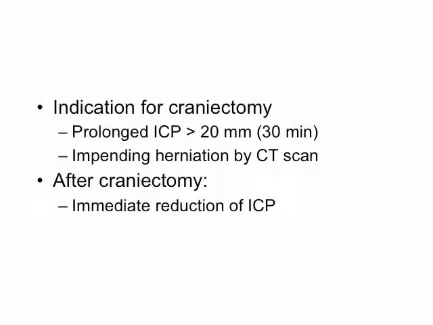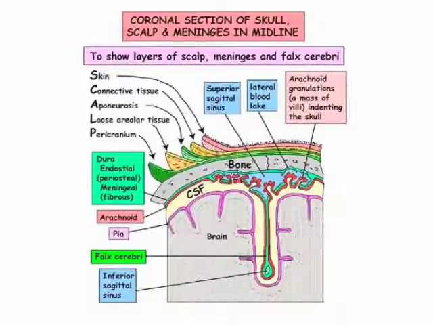And based on what happens to their intracranial pressure, if it's prolonged for a certain length of time, there are criteria that allow them to identify impending herniation, and they're taken straight to craniectomy. And once you open up the skull, that same monitor in place will show you a fairly immediate reduction in intracranial pressure, so it clearly works.